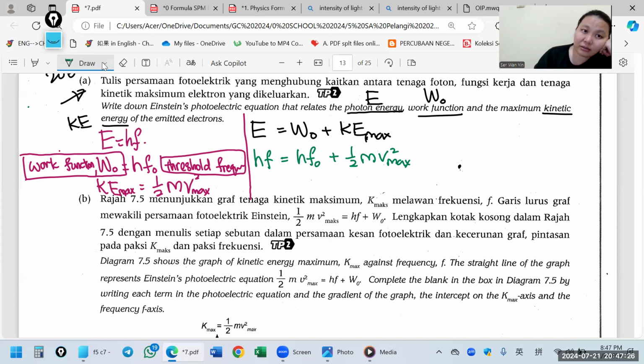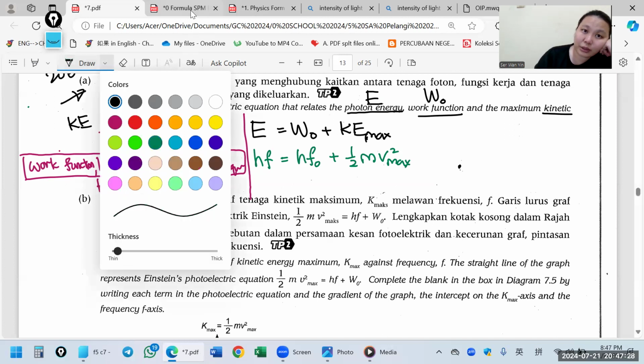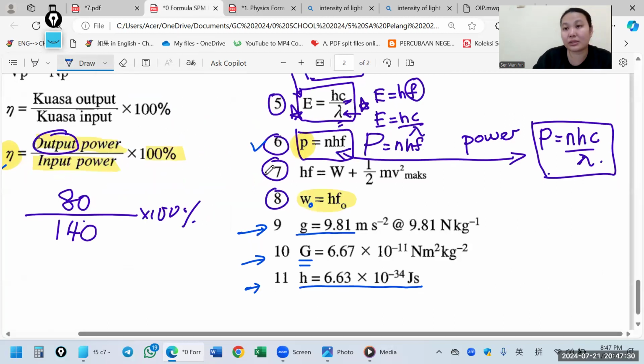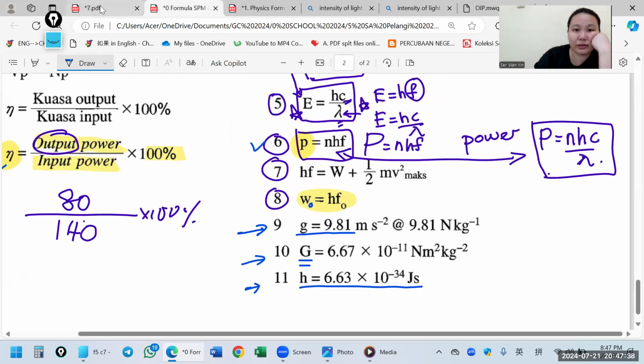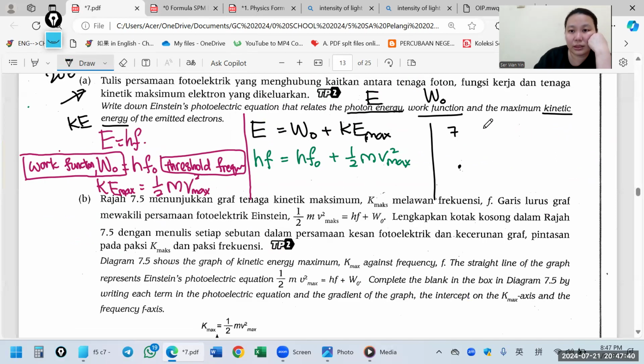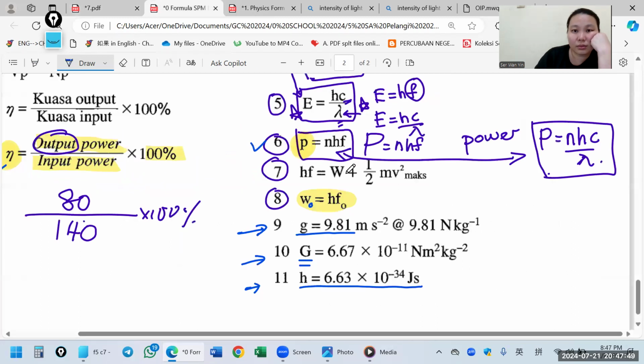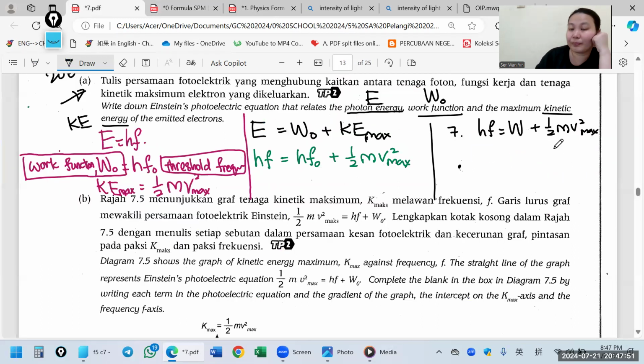Let's recopy formula number 7: HF equals W plus half mv squared max.